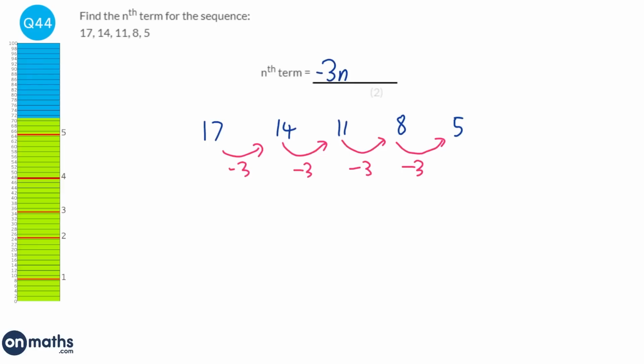So whatever they go up in is the number before the n. Then what we do is we go backwards to find the 0th term. So actually going backwards, we would add 3 and we would find it to be 20. So whatever our 0th term is, because 17 is our first term, is going to be what we add to the minus 3n. So it's going to be add 20.